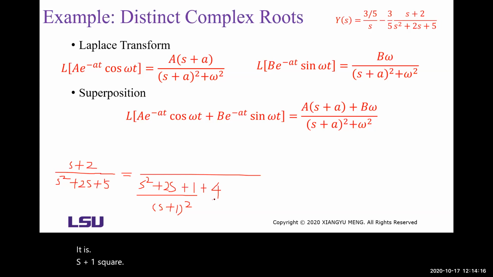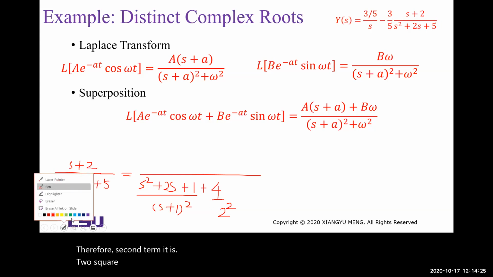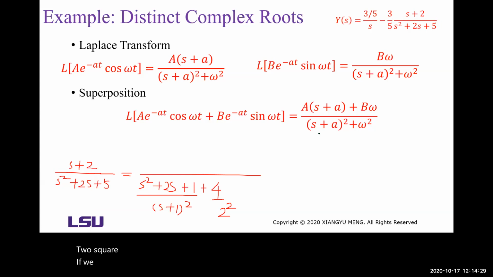Then the second term is 2 squared. If we compare to the denominators here, then we know the value of a is 1. Then omega is 2.